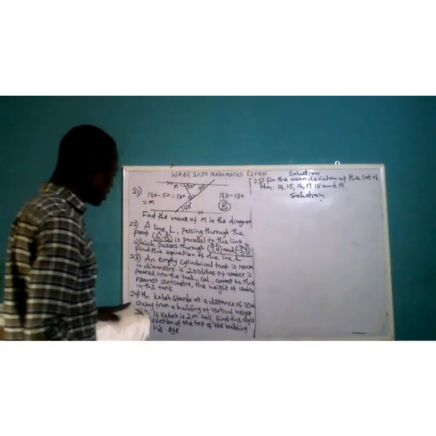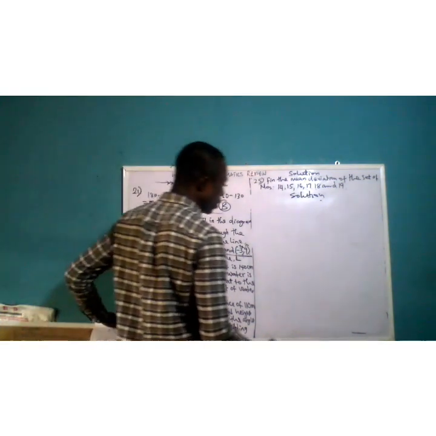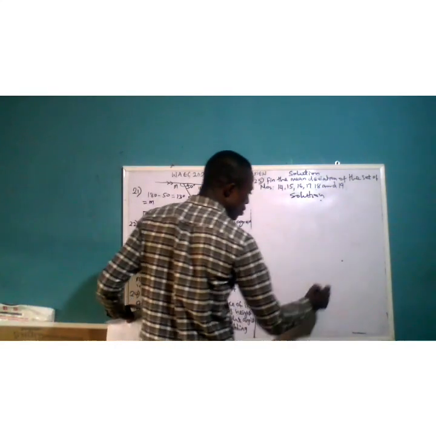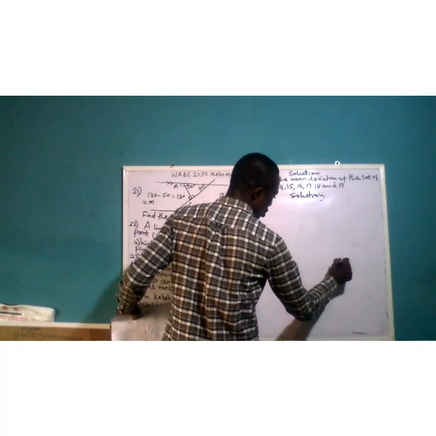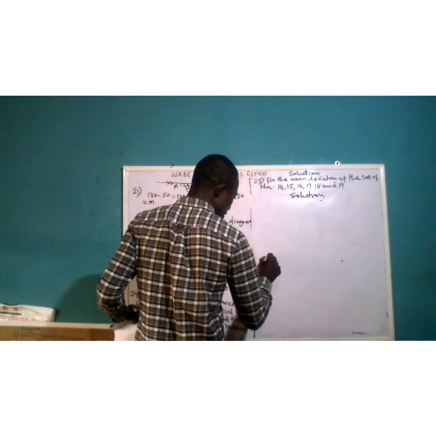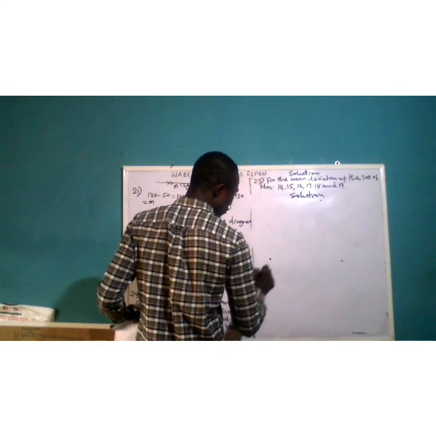Now let's take question number 24. In question number 24, we are given that Mr. Kepe stands at a distance of 110 meters away from a building of vertical height 58 meters. Let's look at a way of illustrating it. Let's assume that the building is located here on the horizontal floor, and Mr. Kepe stands here on the same horizontal floor.